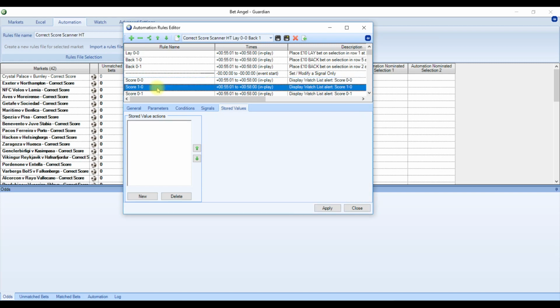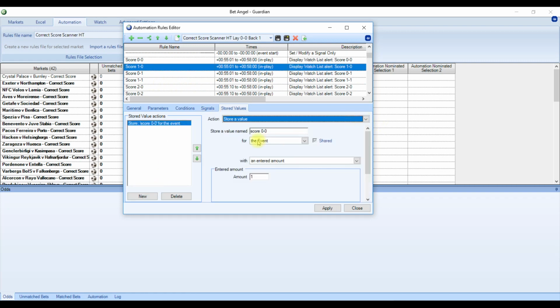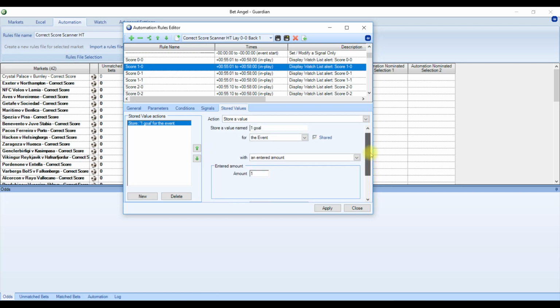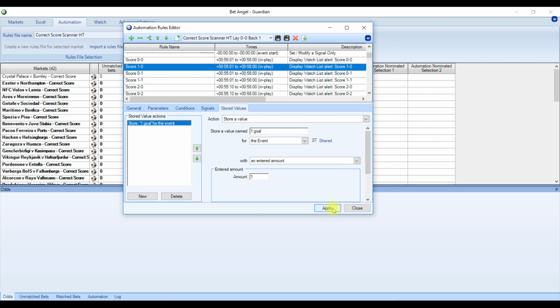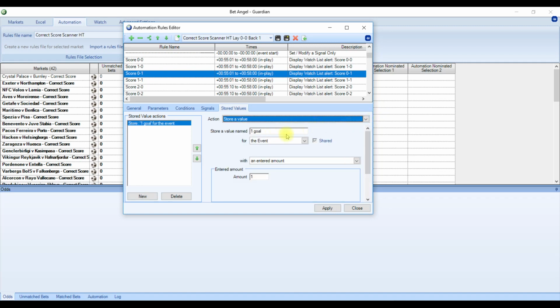So if we come over to the score 1-0 and 0-1, and select store the value, instead of score 0-0, we could go 1 goal for the event is set with an entered amount of 1, and we can apply that. The same with the 0-1 score. It doesn't matter if it's 0-1 or 1-0, we're going to set 1 goal as a signal.